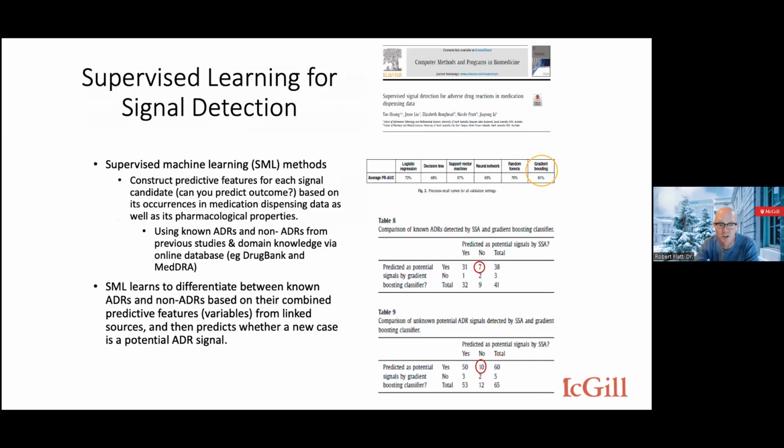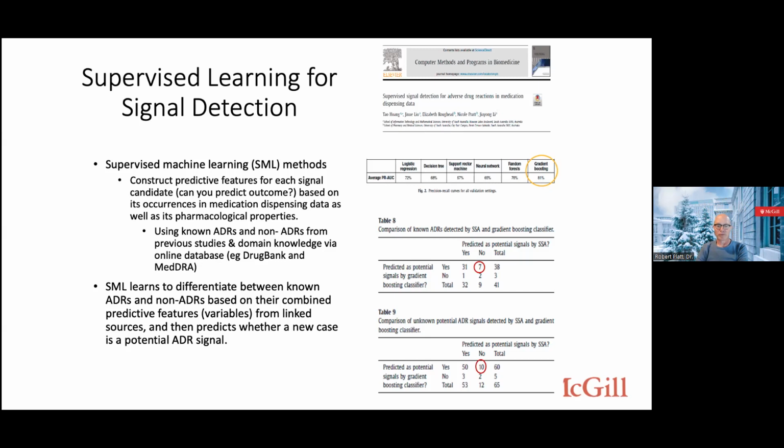Okay, we can also look at supervised learning, that is, now using an outcome, to work in signal detection. In this case, can we use machine learning to predict associations between drugs and ADRs, that is, adverse drug reactions, in online databases?